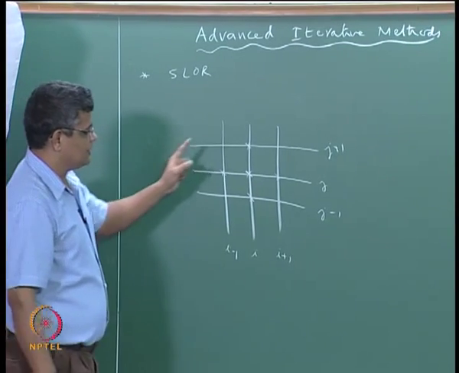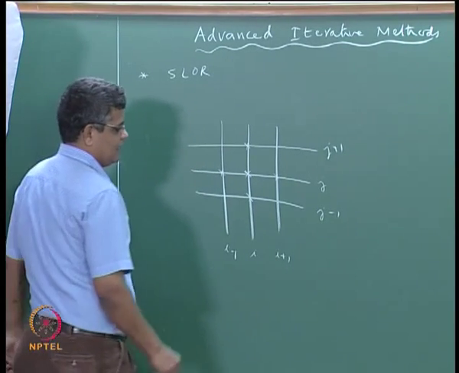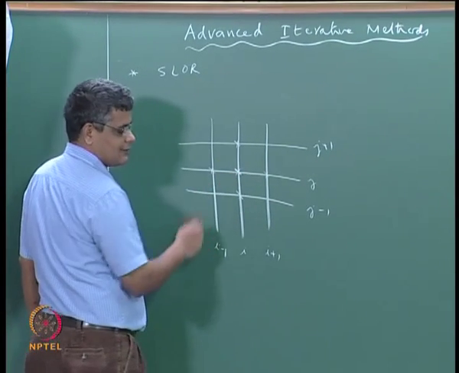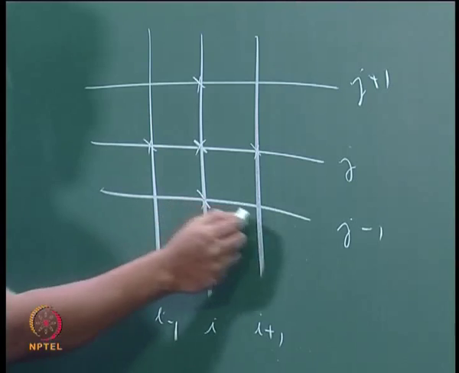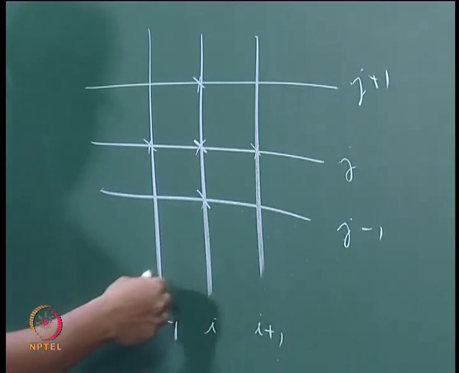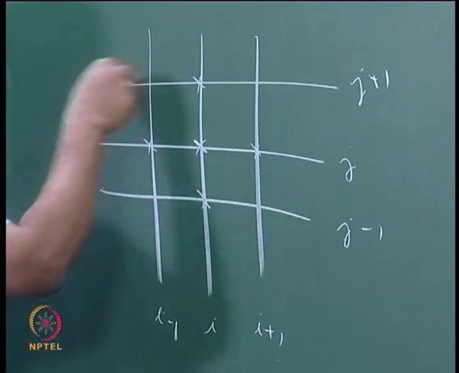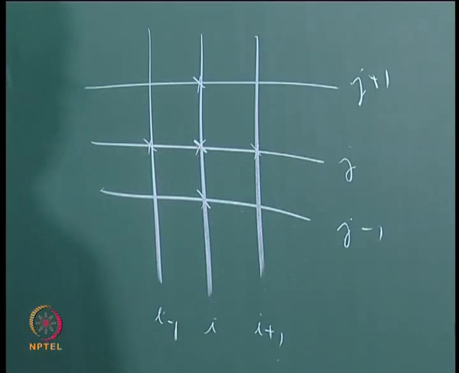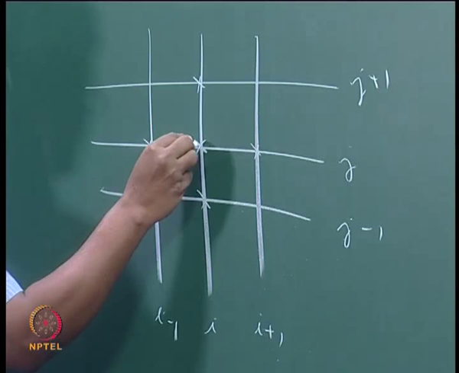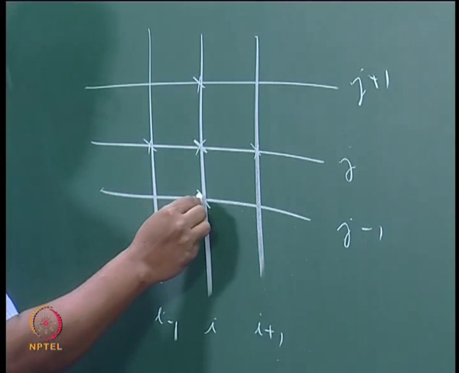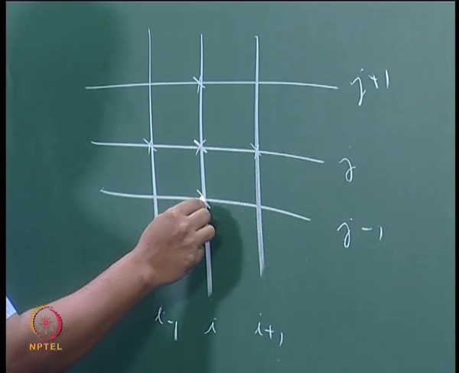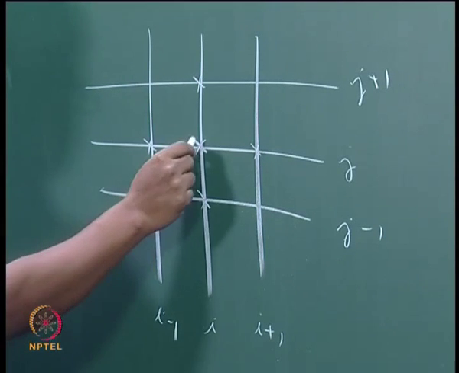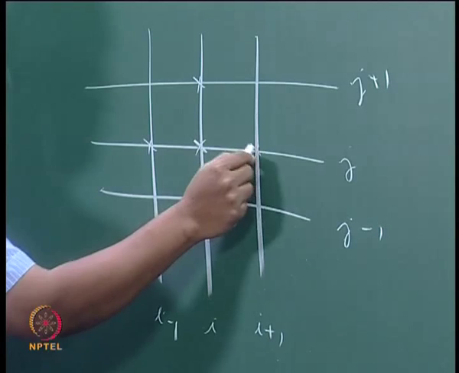But if you look at this particular thing, if I want to evaluate this, I already know this value because this is a lower row, and my usual computation is going like this, from left to right and all the way, and then go to the next row and next row like this. So one can say that when we are at this point we do know this, we do not know this, and if you are doing point by point then we know this and we do not know this.